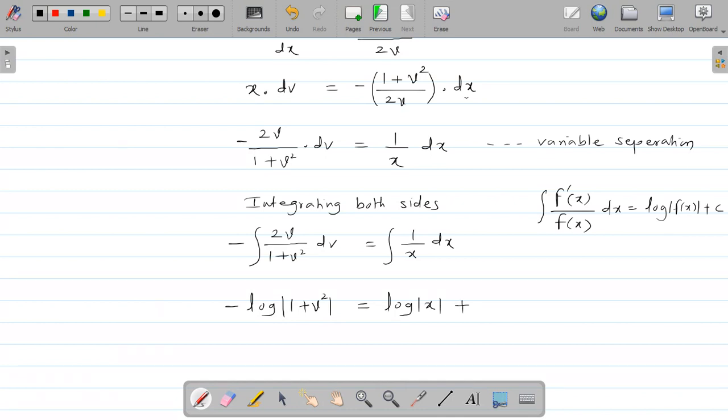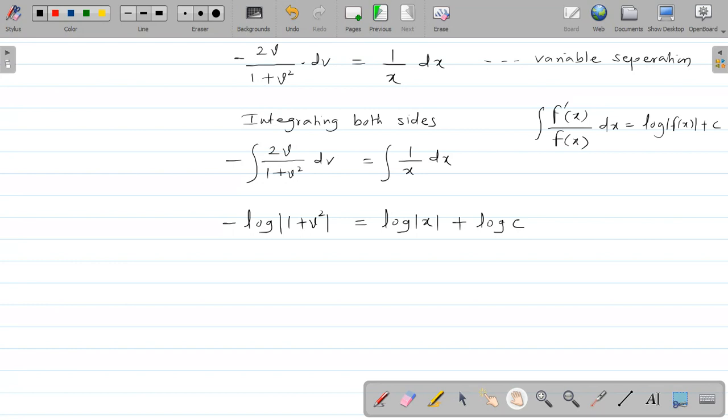Now as on both sides we get the logarithmic function, so I will take the constant as log c here. Now just adjust the terms here. By logarithmic rule I will write minus of log of 1 plus v square is equal to, here we will use log x plus log y is equal to log of x into y, so we get log of x into c.